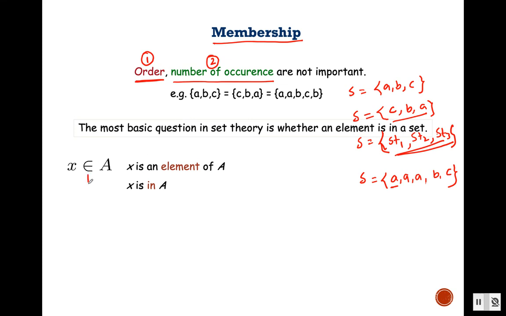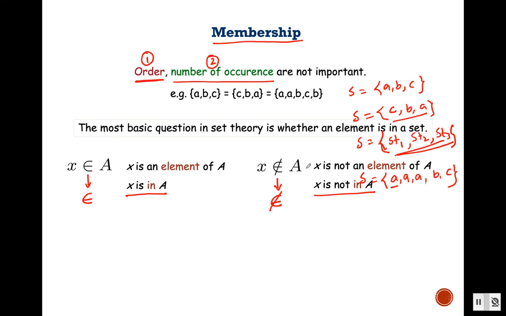This is the notation we are going to use to denote the membership. x is a member of A, or we read it as x is an element of A, or also x is in A. We can also say that x is not an element of A. In that case we use the member symbol with a negation, and it is read as x is not an element of A, or x is not in A.